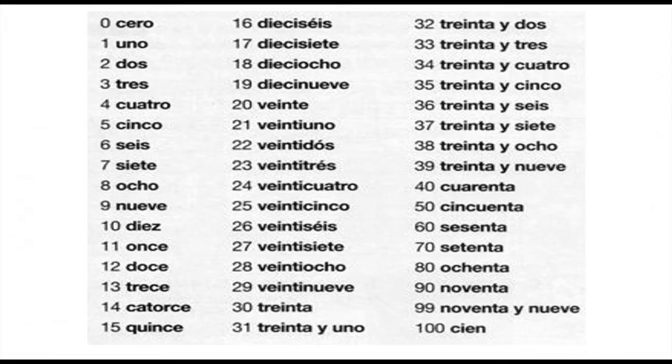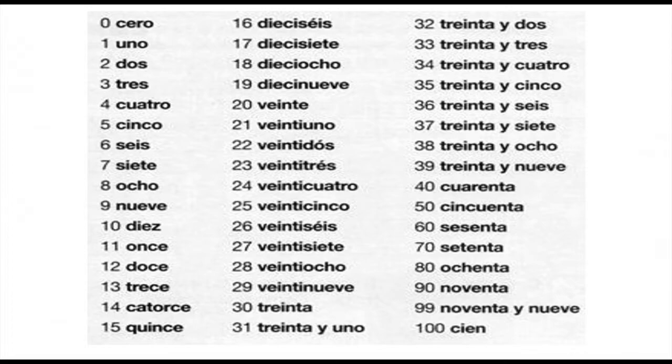31. The same thing is going to happen with 41. We will say 40 and 1. 41. Same thing will happen, for example, with 56. We will say 50 and 6. 56. So it is important to remember that when you hit 31, you're going to have numbers written in 3 words.